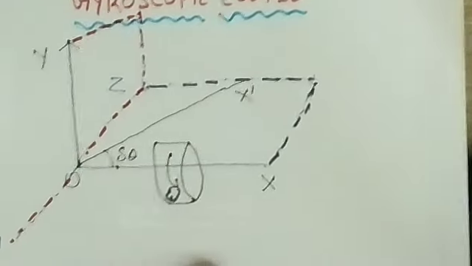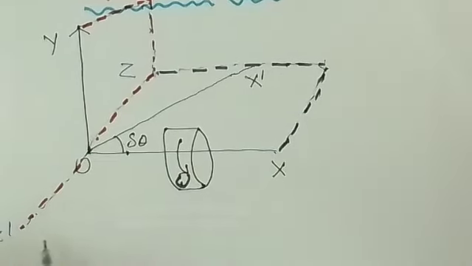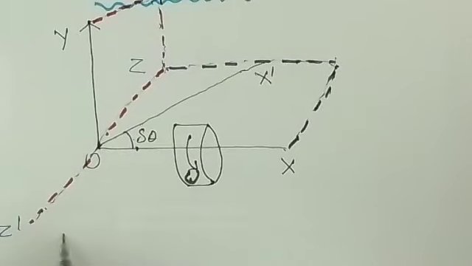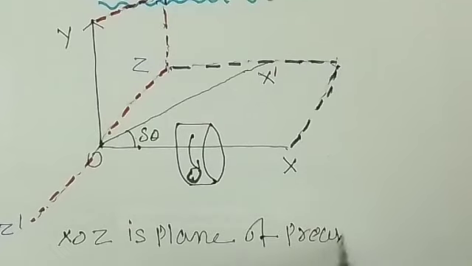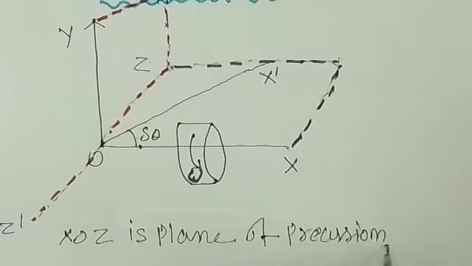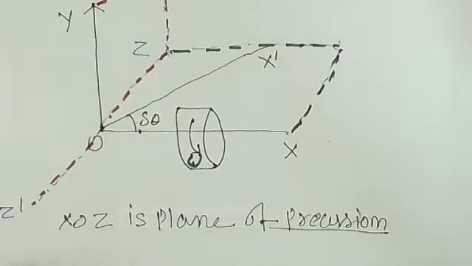So now you can write that XOZ is the plane of precession. The axis of precession is the axis which is perpendicular to the axis of spin.